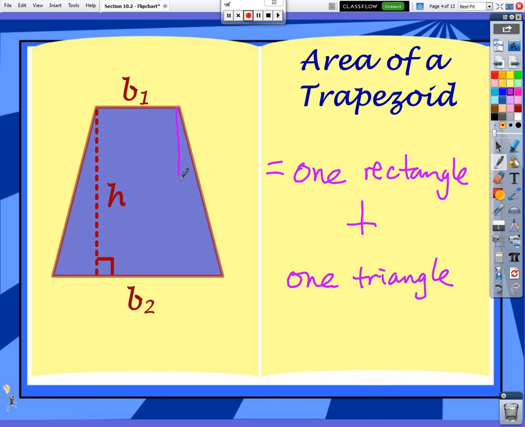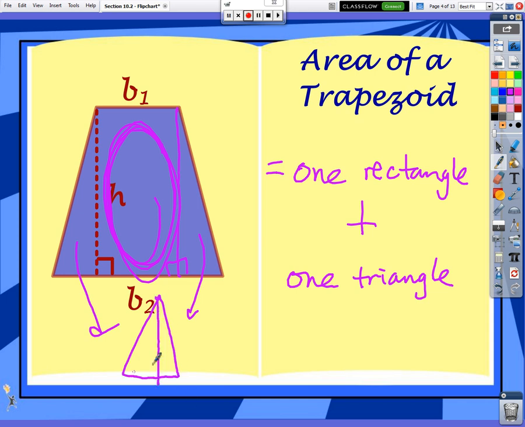So again, we might need to draw in another height over here, and so here's our one rectangle in the middle, and take these two triangular ends, and again, think about it as just one triangle. Now, the base of this triangle will always end up being the difference of your two bases, right? Because you're going to have to take away, let me get my eraser here.